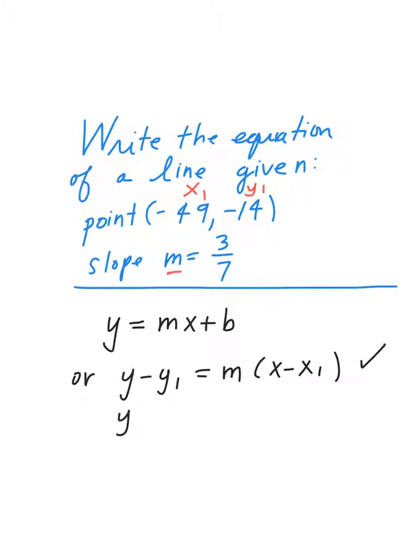So y, I need minus negative 14 here. Okay, but since it's minus negative 14, that means it's going to become a positive 14. And then it's going to be equal to the slope, right, which is 3/7.